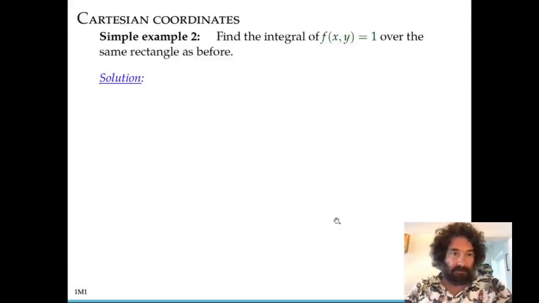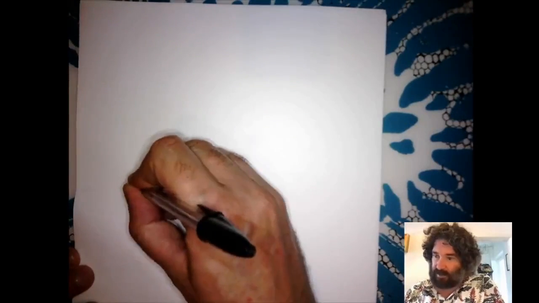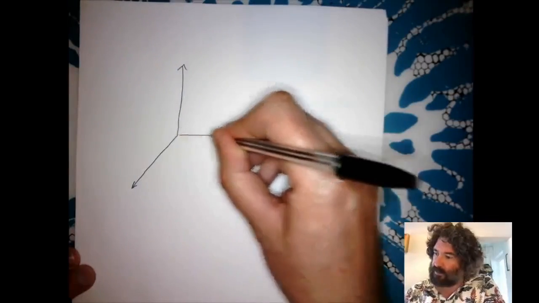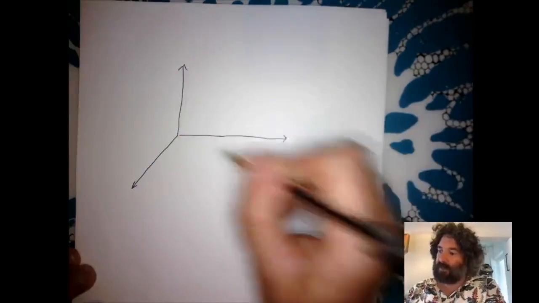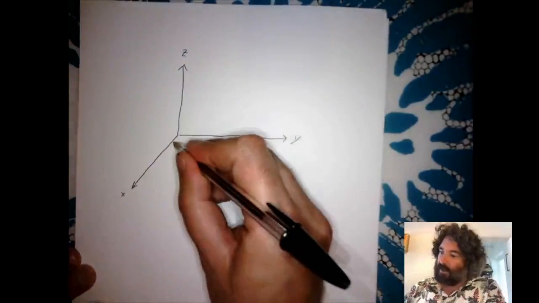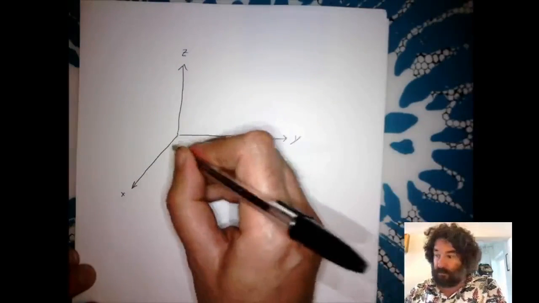So let me draw what's going on. Again, I've drawn three-dimensional axes, and this is the x-axis, y-axis, and z-axis. And x in the rectangle that we had in the previous exercise went from 1 to 3.